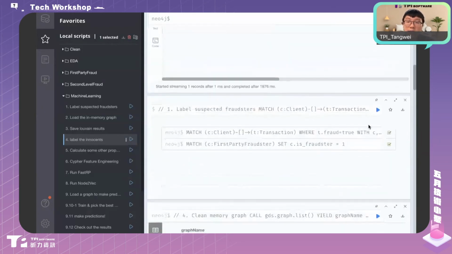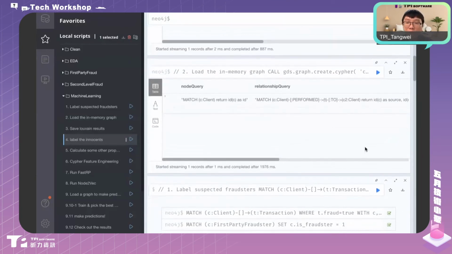So therefore, we need to create some label data that represents the suspect clusters and innocents in this dataset. Okay. So in this case, if the clients perform a number of fraud transactions more than 10, they will be the suspected fraudsters. Also, if the clients are the first-party fraudsters or second-party fraudsters that we have found previously, they will also be labeled as suspected fraudsters. So in here, we will label the suspected fraudsters.